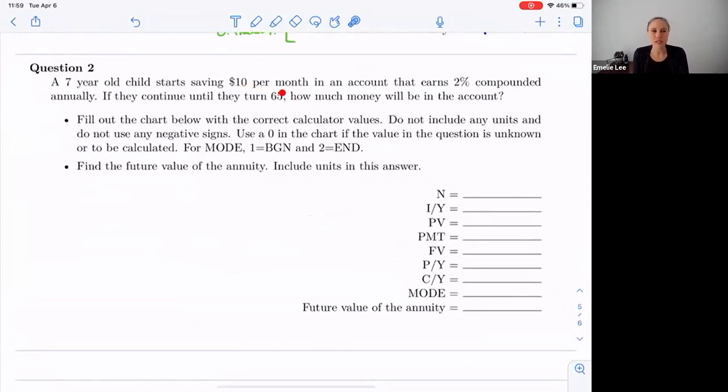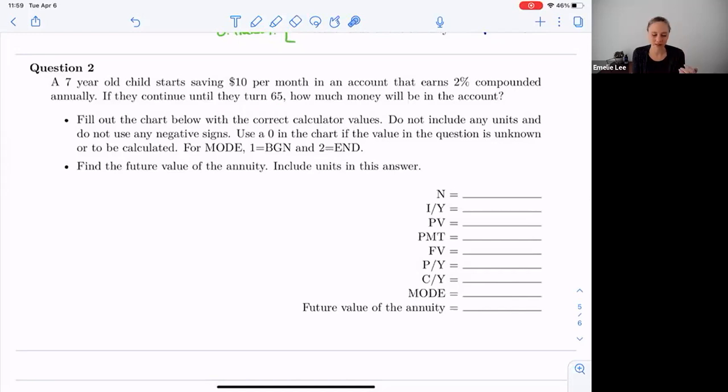Notice that it doesn't say $10 at the end of each month, but it also doesn't say at the beginning of each month, so we know it's at the end. The default is at the end. If they continue until they turn 65, yikes, how much money will be in the account?